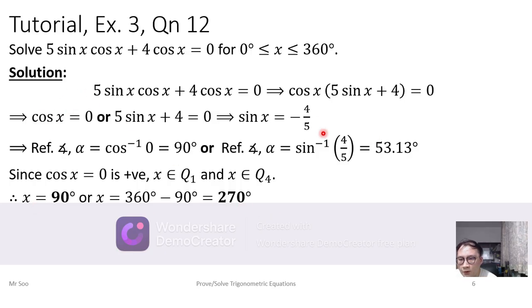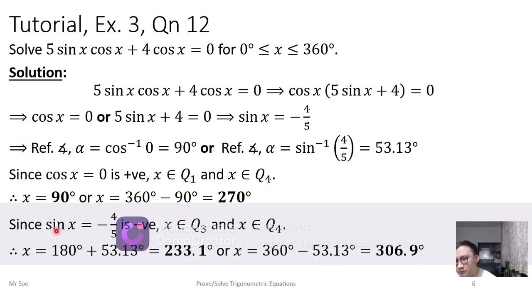Now for sine x equals minus 4/5, notice that sine x is negative. Ask yourself, in the event of sine x being positive, which two quadrants does x lie in? Q1 and Q2, correct. That is for the positive scenario. For the negative scenario, it will be the other two quadrants, Q3 and Q4. So x will lie in Q3 and Q4.